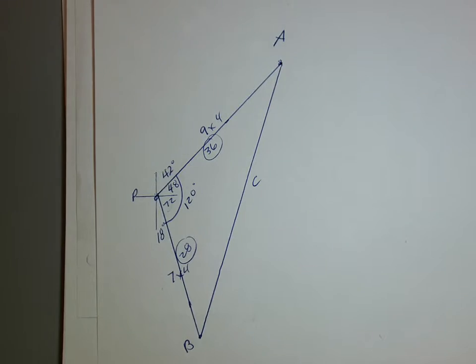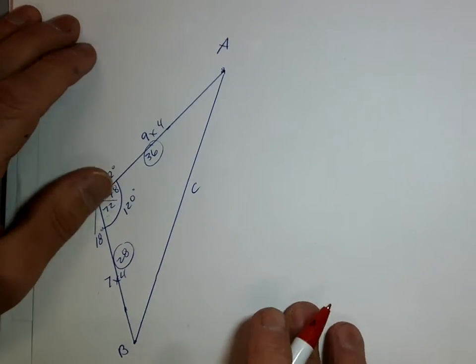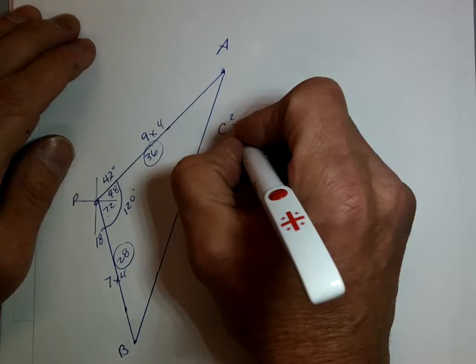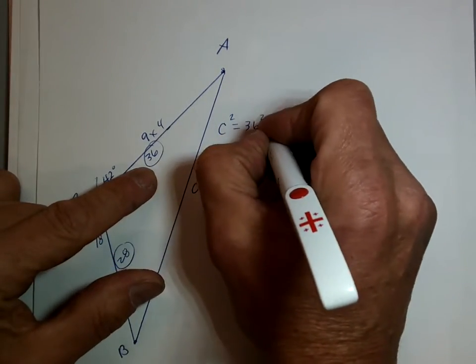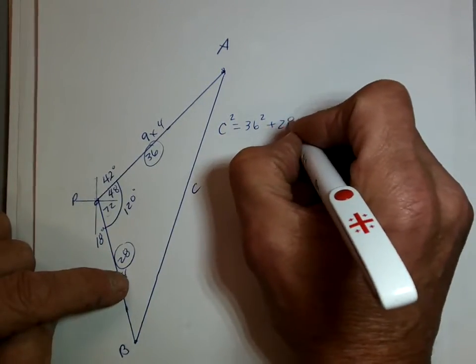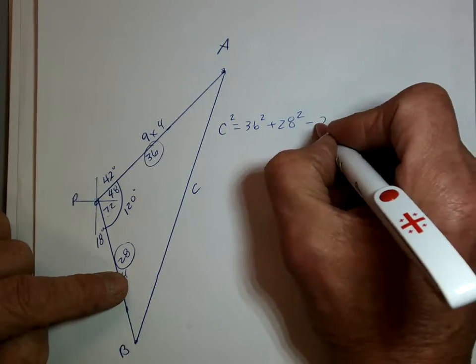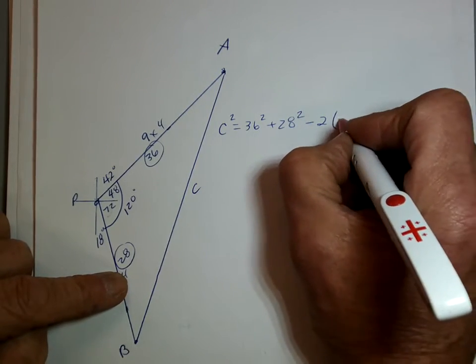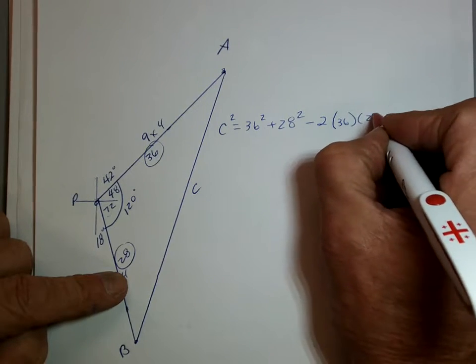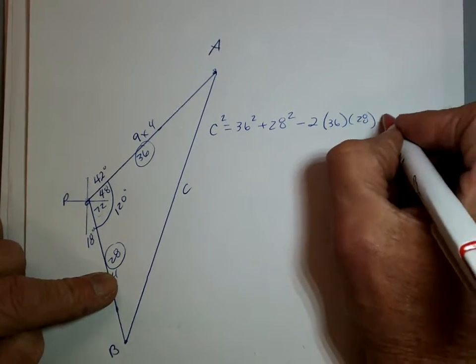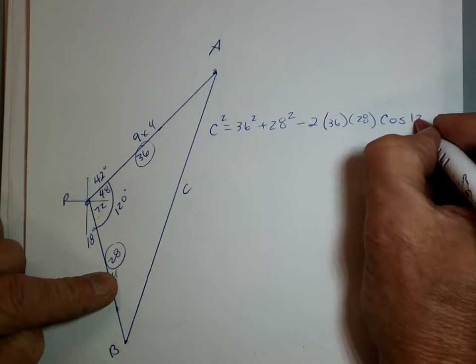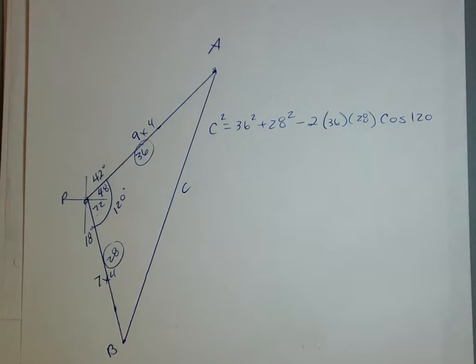All right, law of cosines. Here we go. Law of cosines is going to be C squared equals 36 squared plus 28 squared minus 2 times 36 times 28 times the cosine of 120. Okay, I'm going to use my calculator. 36 squared plus 28 squared minus 2 times 36 times 28 times the cosine of 120.